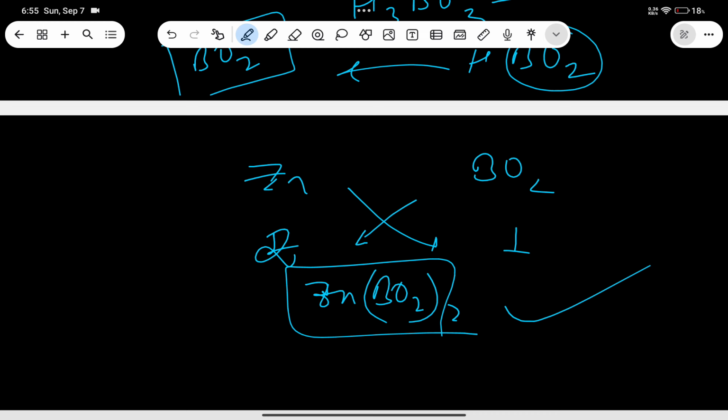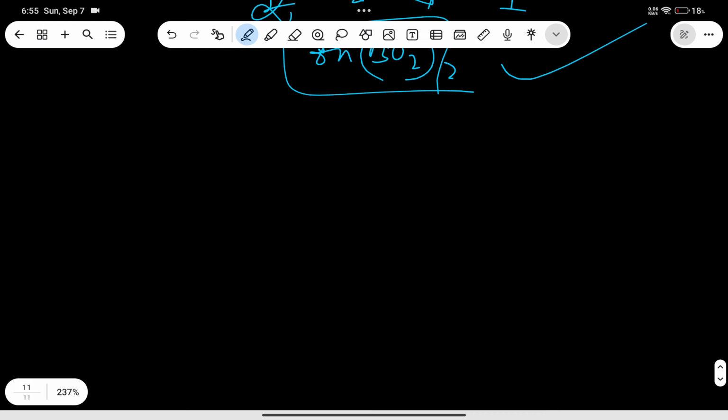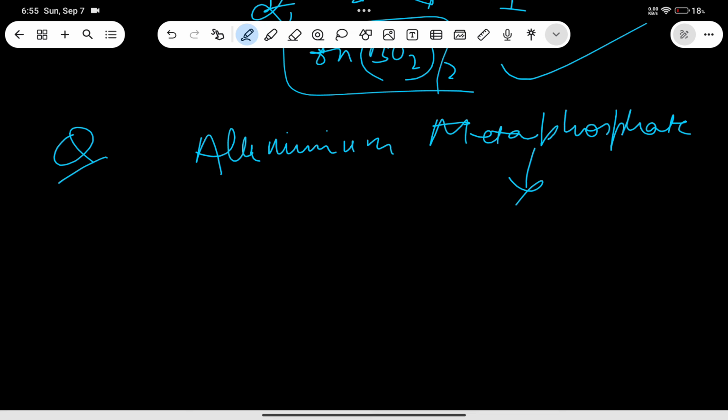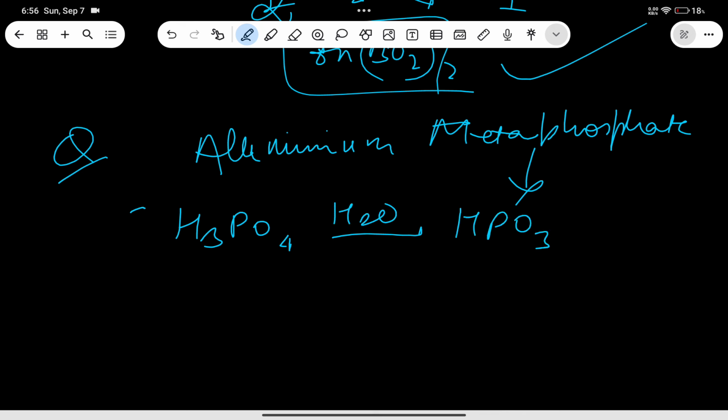This is correct. Alright, one more example to confirm whether you have understood it or not. That is aluminium metaphosphate. How is phosphate formed? Phosphoric acid, H3PO4, and because it is meta, we just subtract H2O, so HPO3.